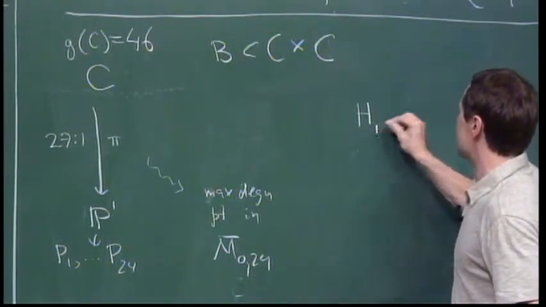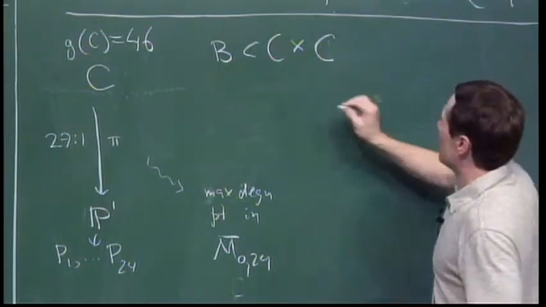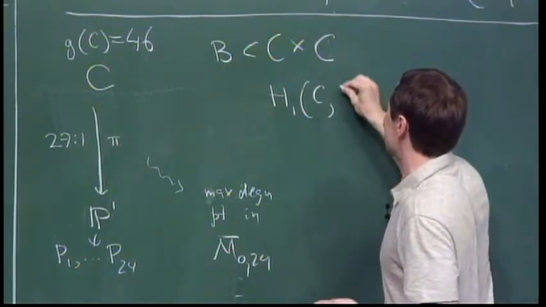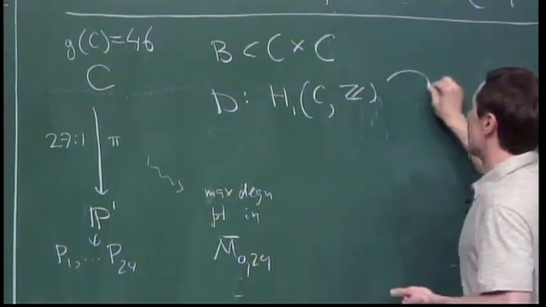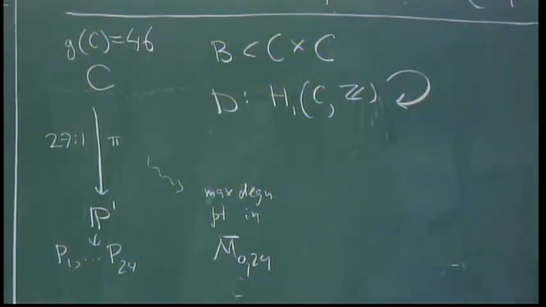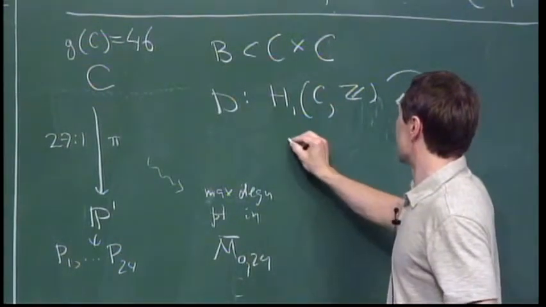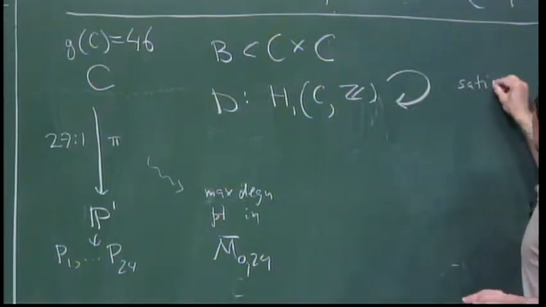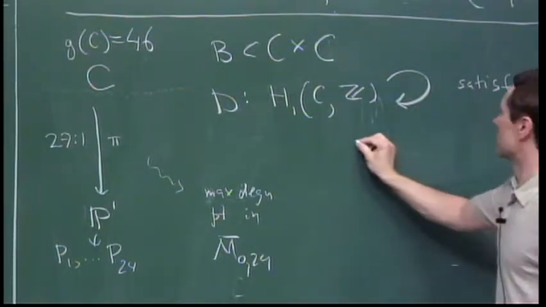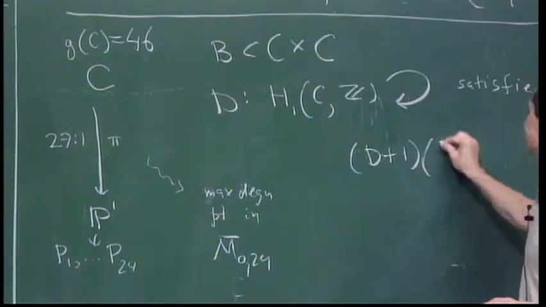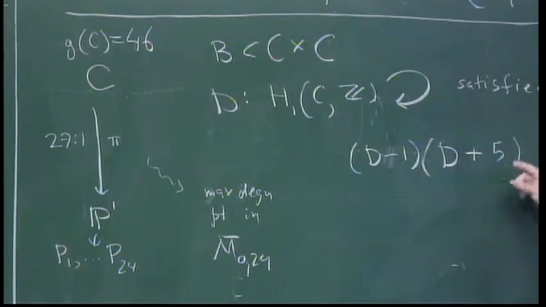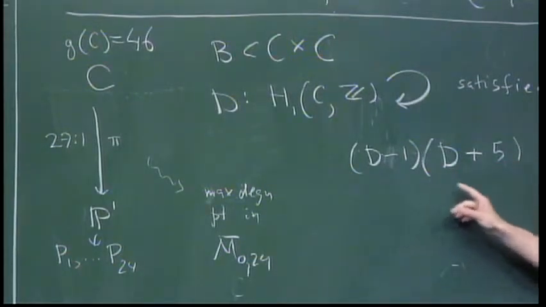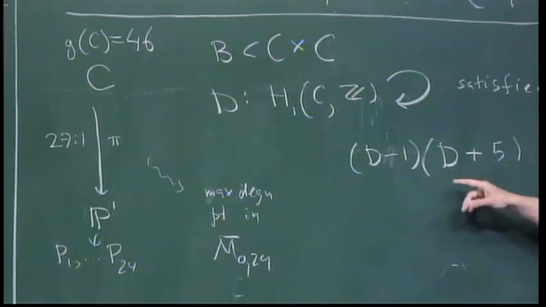Now on the first homology of this graph, there will be an induced endomorphism, and this endomorphism satisfies, I'd like to say it satisfies this equation, (d minus 1)(d plus 5). But you see that equation was only satisfied not on H1, but on H1 degree 0.